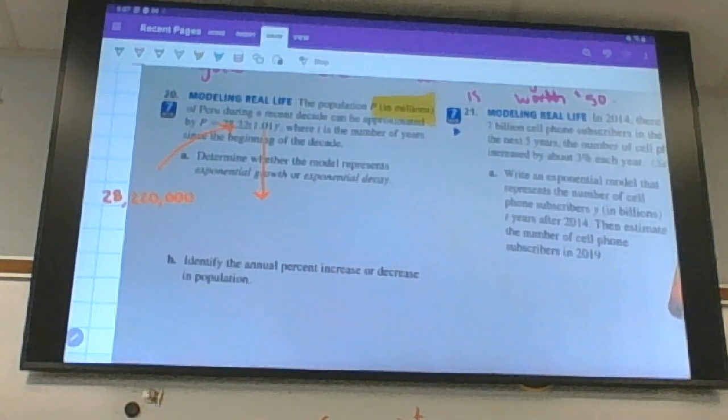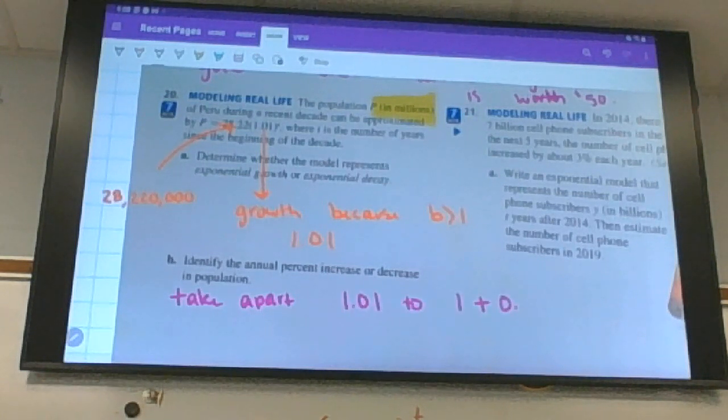Growth. It is growth, because B is more than 1. It's 1.01. But what is the percent increase? That's what people mess up. You got to take a 1 out of the equation.